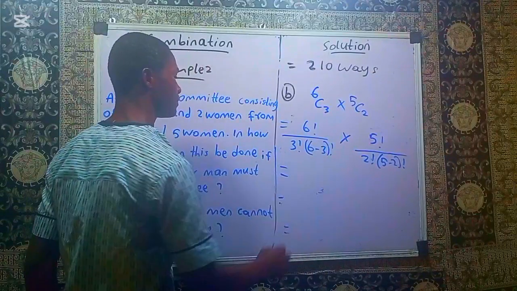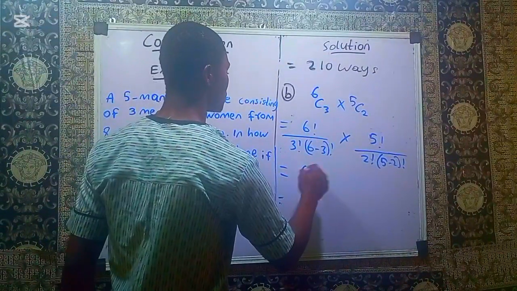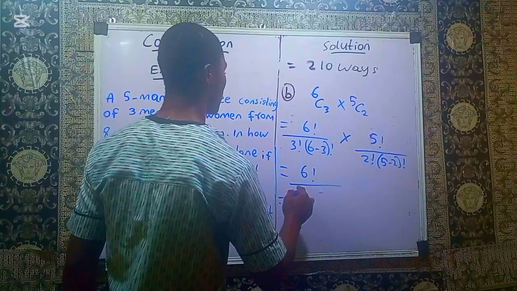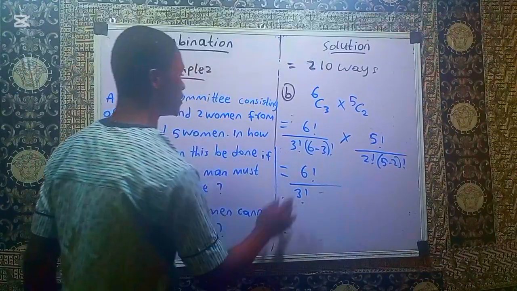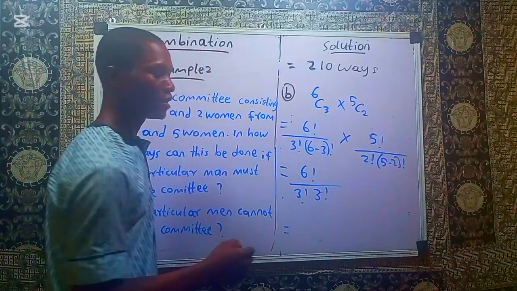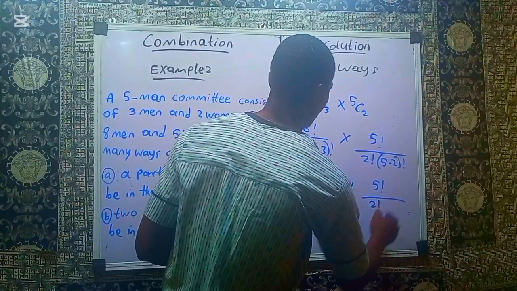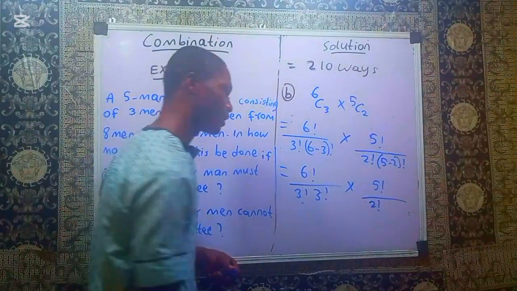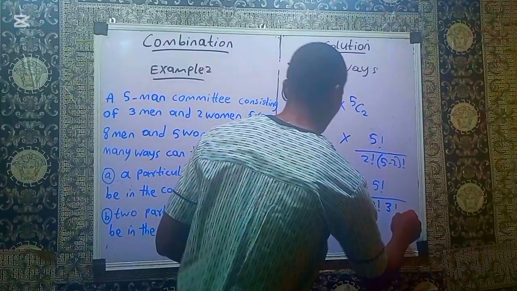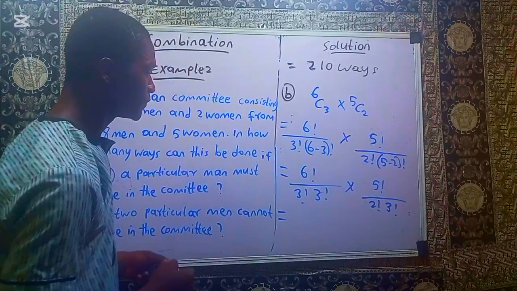Then you can simplify this further. You are going to have 6 factorial divided by 3 factorial. Then 6 minus 3 will give us 3. So I have 3 factorial. Then multiply by, I have 5 factorial divided by 2 factorial. Then 5 minus 2 is what? 3. So you have 3 factorial. So we can simplify this further.